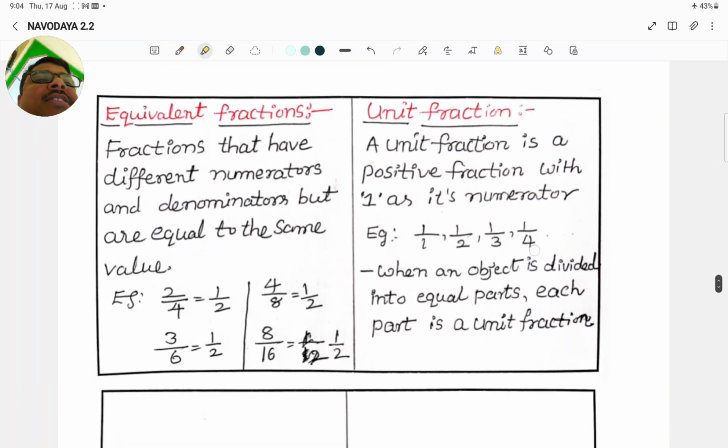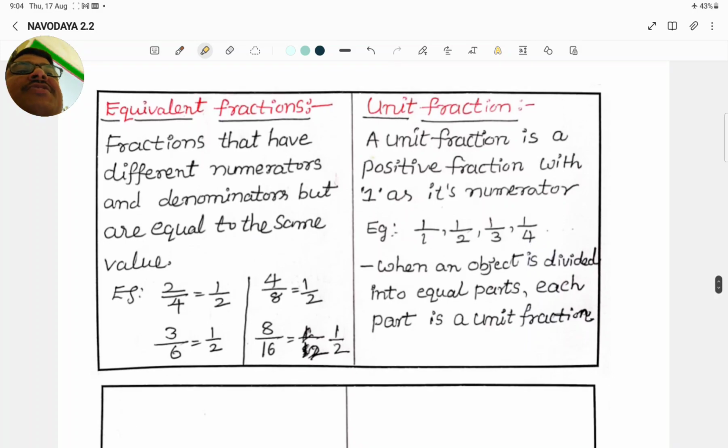Next type of fractions, equivalent fractions. See here, when we observe equivalent fractions, they have different numerators and different denominators, but are equal to the same value.